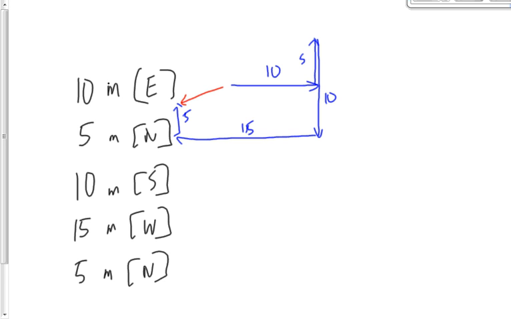Let's break it up into our x's and y's. The first vector, the 5, how much of that is x? Sorry, the first one is the 10, right? How much of that 10 is x component, Tyler? 10, good. How much of that 10 is y component, Tyler? Good. How much of that 5 is x component, Leah? Good. How much of that 5 is y component? Good. How much of that 10 is x component? Peyton?